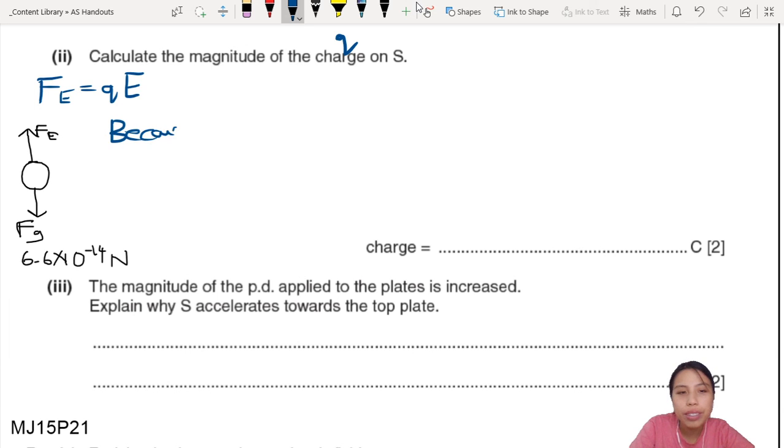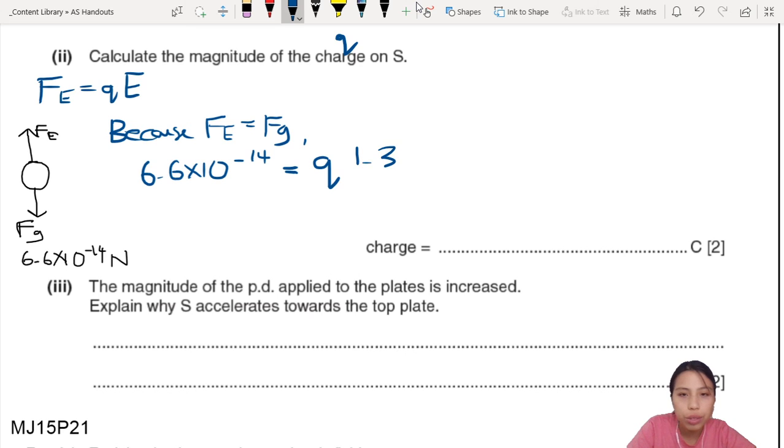So because Fe is the same as Fg, which is 6.6, then you can do this nice calculation. You say Fe equals Fg, so therefore 6.6 times 10 to the negative 14 equals Q, what we're trying to find, times the electric field strength that we found in the earlier question. I'll just use 1.36 times 10 to the 5.